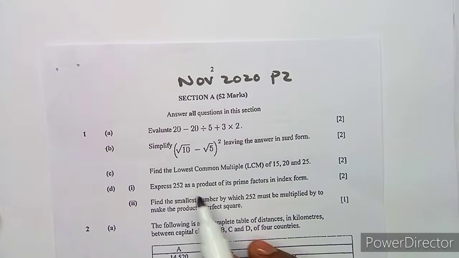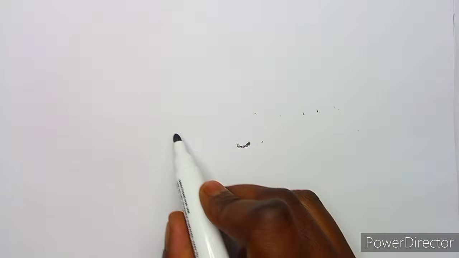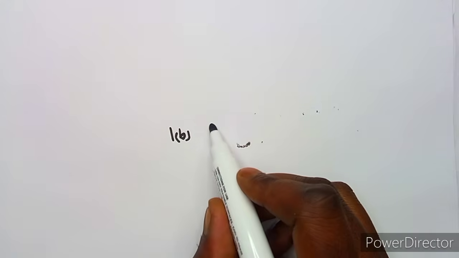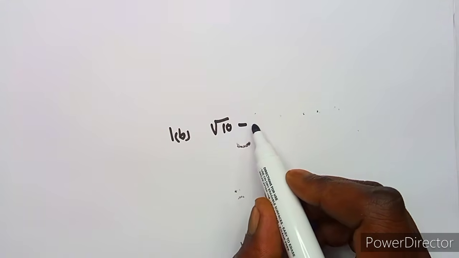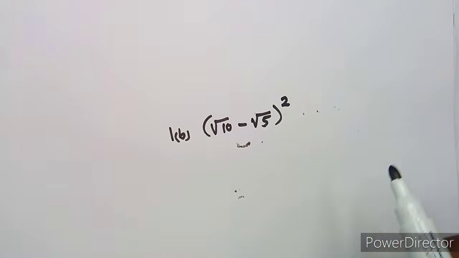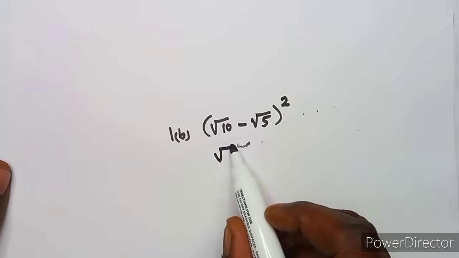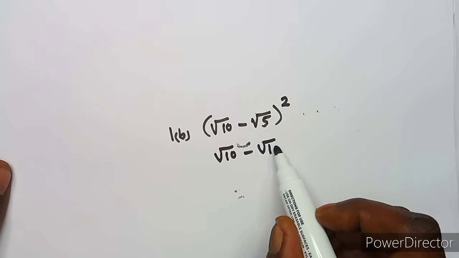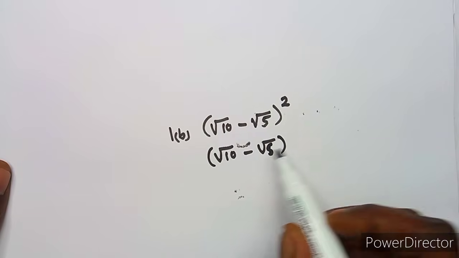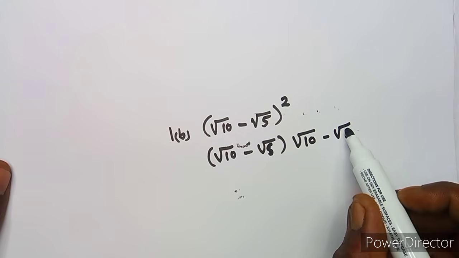I think these questions are just direct. Okay, on 1b, simplify, leaving your answer in surd form. This is a square, so you have to square everything there. You're given the square root of 10 minus the square root of 5, everything to the exponent of 2. So we multiply the bracket by itself: square root of 10 minus square root of 5 into square root of 10 minus square root of 5.